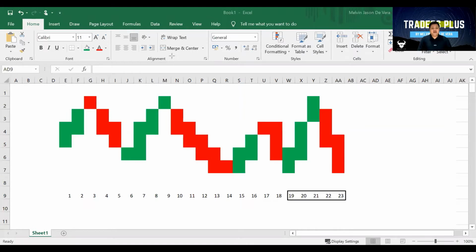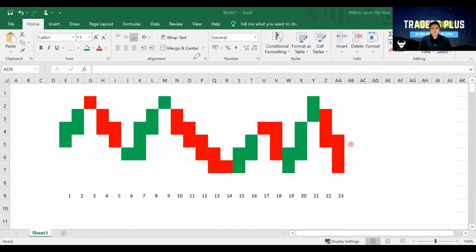How do we average? Simple lang po, simple arithmetic mean: sum of all the closing prices for these days divided by the number of days, which is 5. And whatever is your average, yun po ang magiging forecast mo dito on the next period.